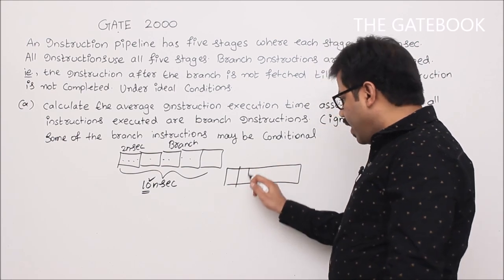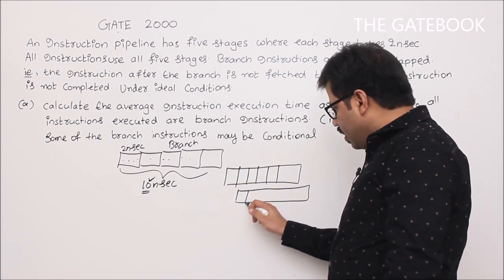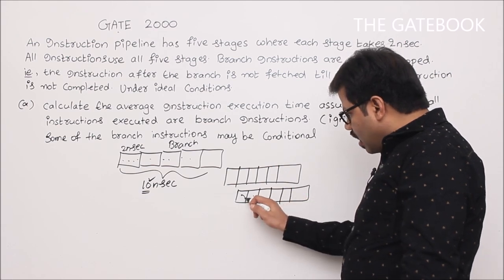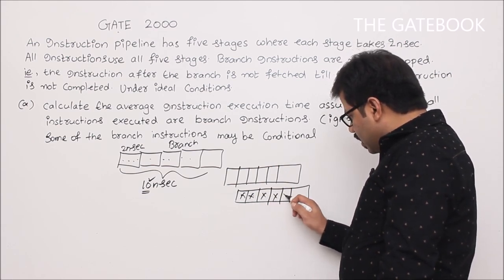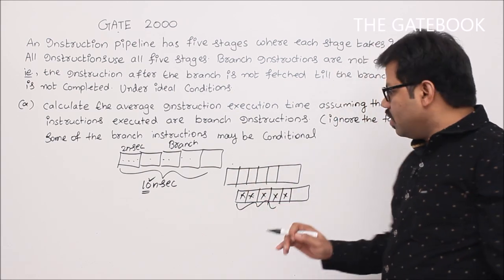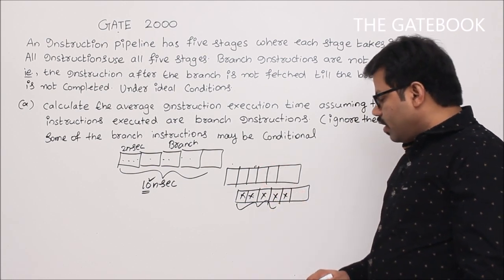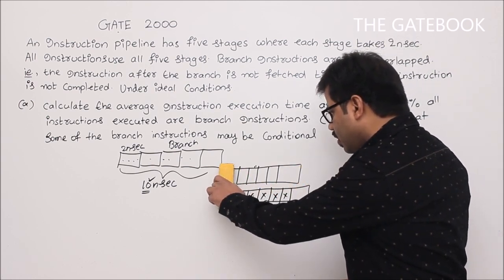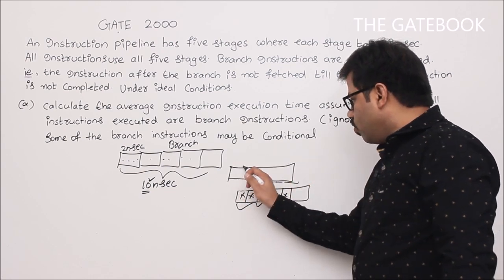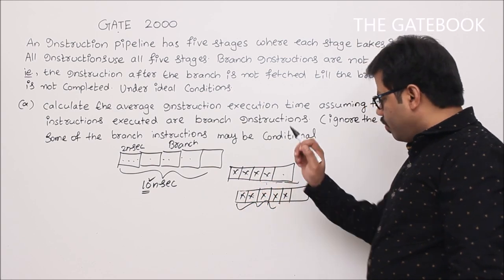If the instruction is not a branch, it is allowing sharing, correct? The next instruction starts here, so whatever time this instruction takes comes under the earlier instruction's execution time. One more time: if this is not a branch instruction, there are 5 stages, so let me show only 5. 1, 2, 3, 4, 5. 1, 2, 3, 4, 5.